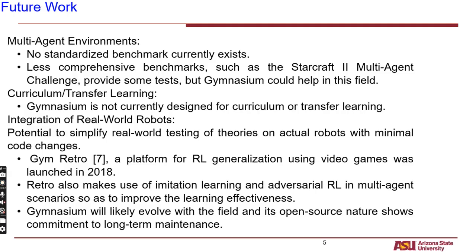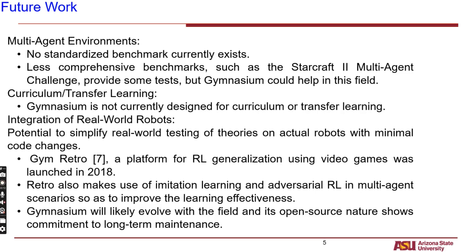Then another one would be to have curriculum or transfer learning to integrate real world robots, which can also be taught using imitation learning. So Gym Retro was a platform that was implemented in 2018.